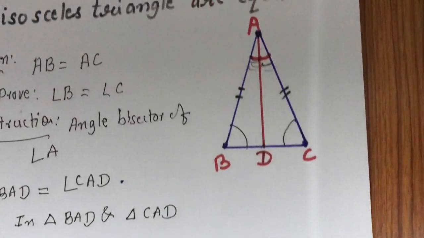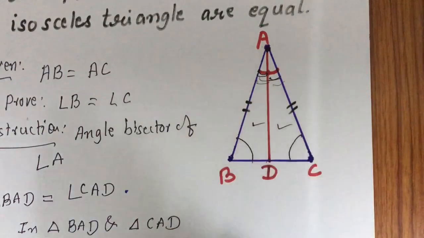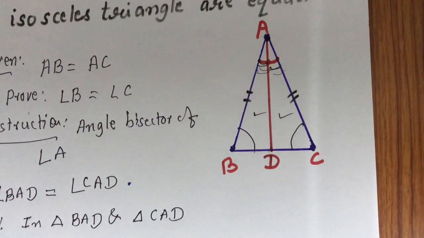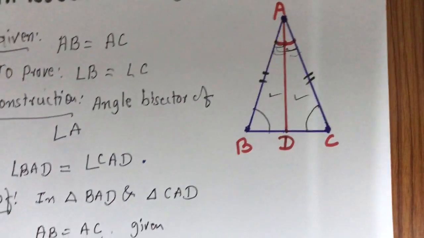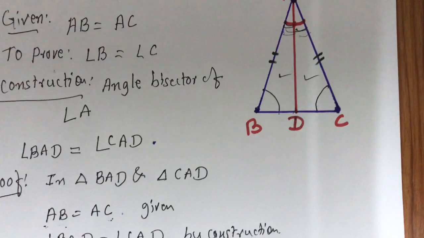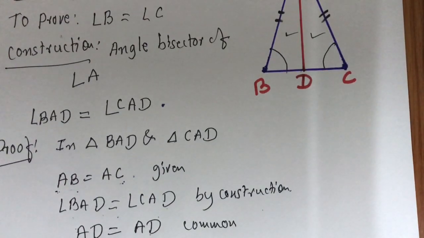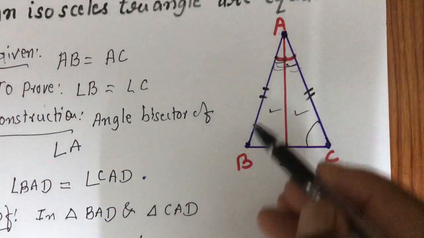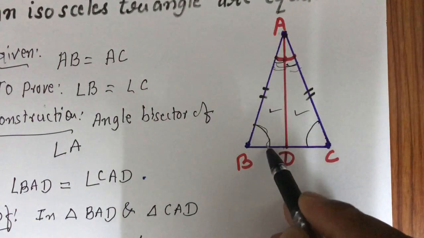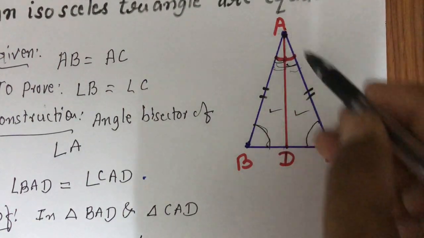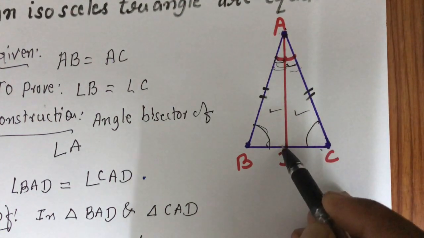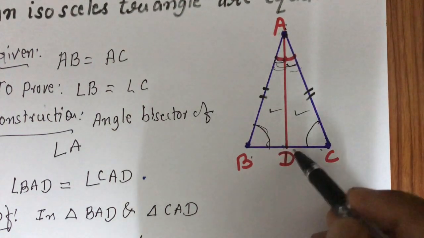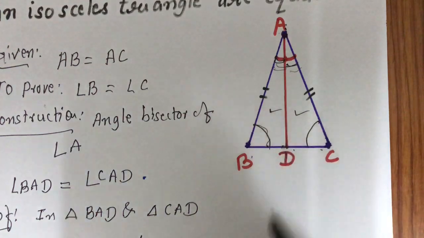If these two triangles are congruent, so by CPCT the other pairs are equal. So what we can write? Angle ABD, means this angle, will be equal to angle ACD.